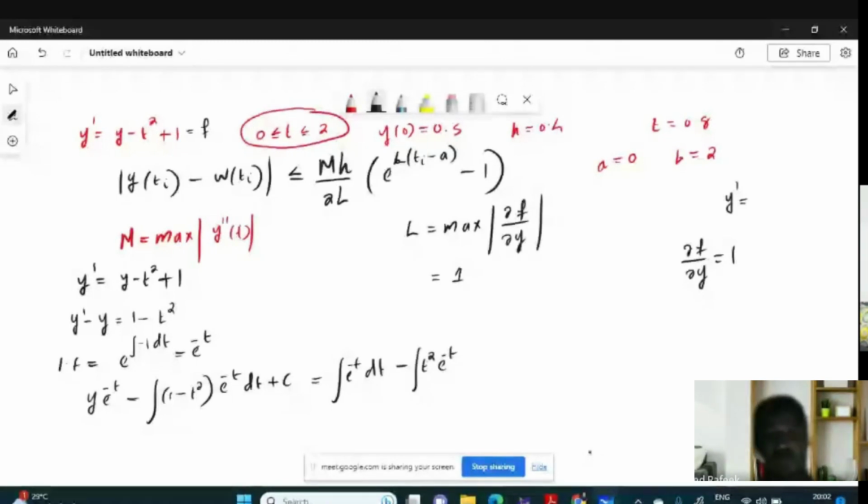That equals integral e raised to minus t dt minus integral t square e raised to minus t dt, plus the constant of integration, that equals e raised to minus t by negative 1.